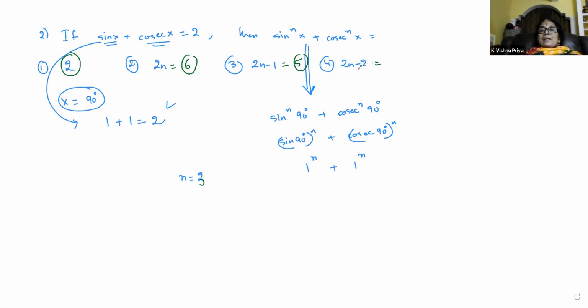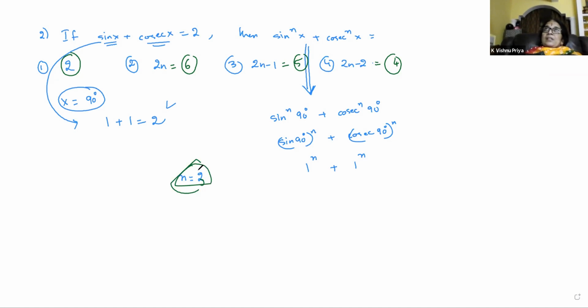The fourth option will be 6 minus 2, that is 4. Now you see, all four options are different. So it will be easy for us to select the option. That is why we are taking n.